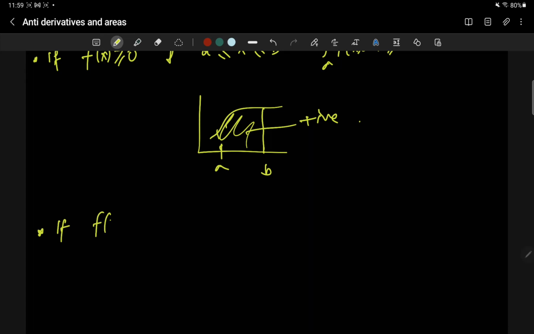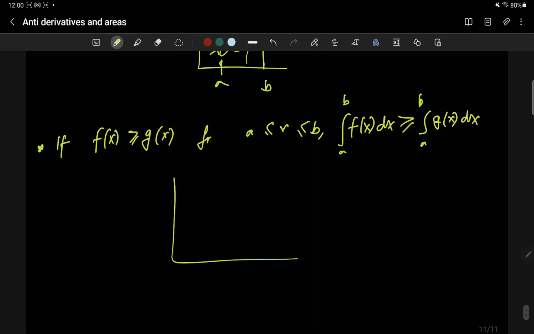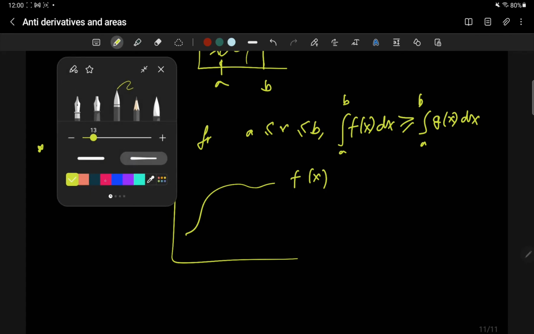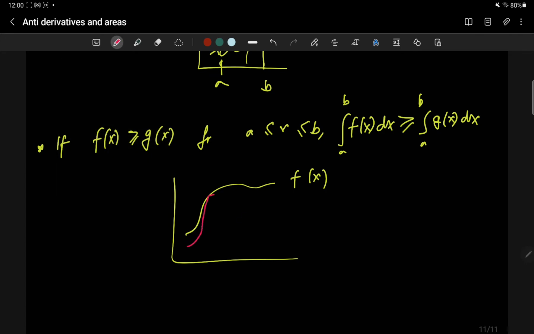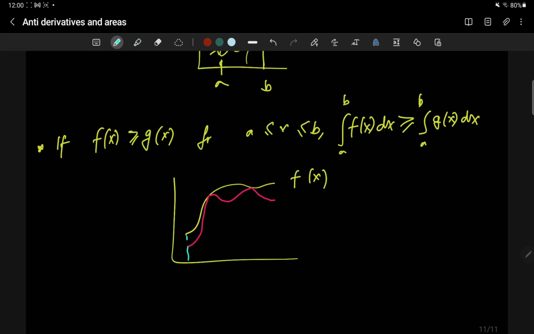The second one says, if a function f is larger than another function g in an interval a to b, then the integral of that function is also going to be larger than the integral of the other function. So what is that saying pictorially? It's saying there's this function f which is always either above g or equal to g, and I consider two points, a and b.